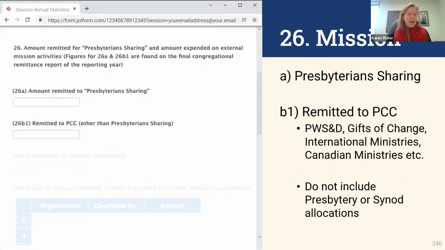The first one is 26A, the amount that you have remitted for Presbyterian Sharing. And then line 26B is the amount that you've remitted to the PCC for mission other than Presbyterian Sharing. So you might think, where do I get these numbers from? Well, the easiest thing to do is to look at your congregational remittance report. Go to the next slide.